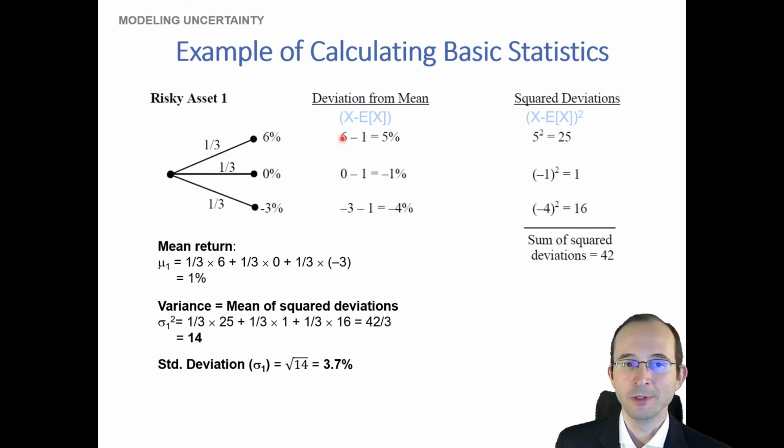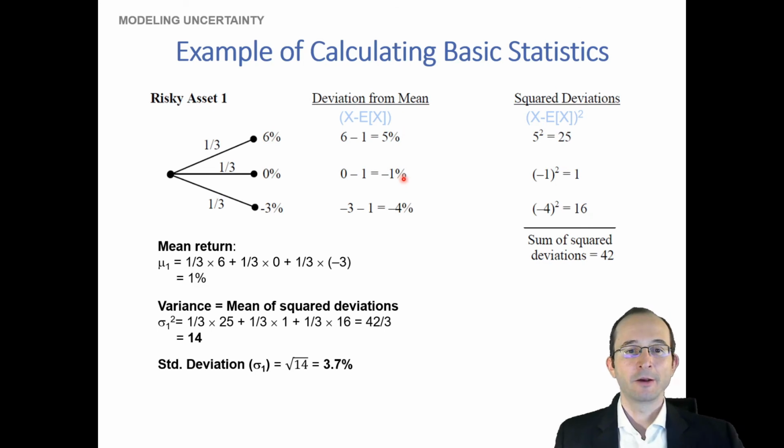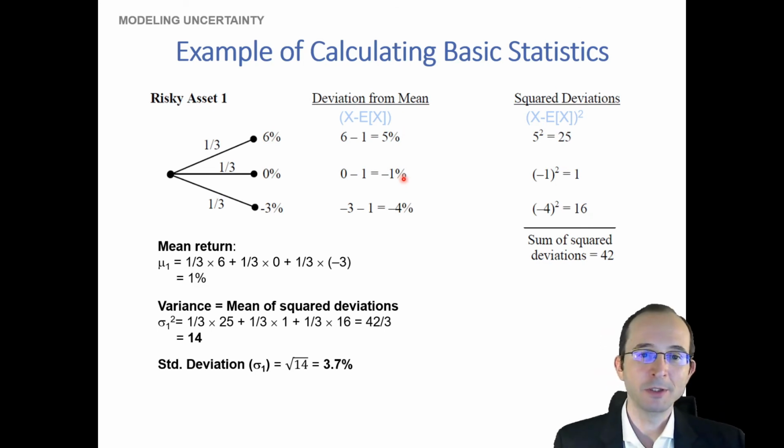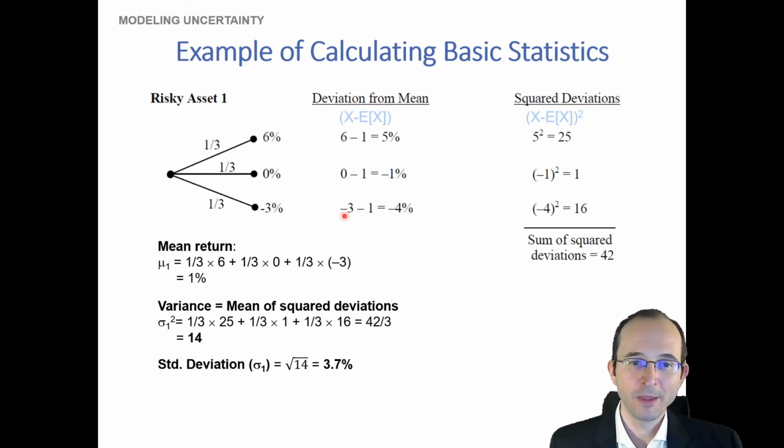So first let's compute these deviations from the mean. The mean is 1, so in the first case, if we have a good outcome, the deviation is 6% minus 1%, 5%. If we have a middling one, deviation is 0 minus 1 or -1%. And if we have a bad outcome, the deviation is -3 minus 1, -4%.